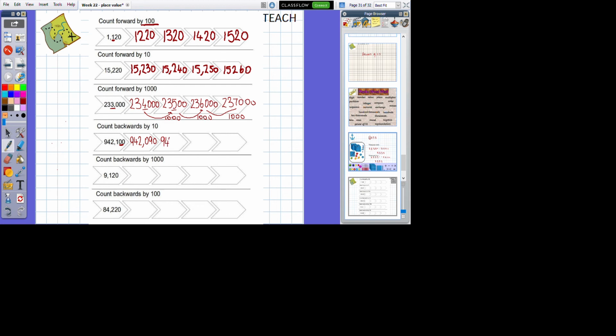So my hundreds, all of my thousands stay the same, and I go down by 10. I go backwards by 10. Thousands stay the same for this example, and I have 70 tens this time. Still no hundreds, and then I've got my thousands again the same, and I've got 60 for my tens. Okay.